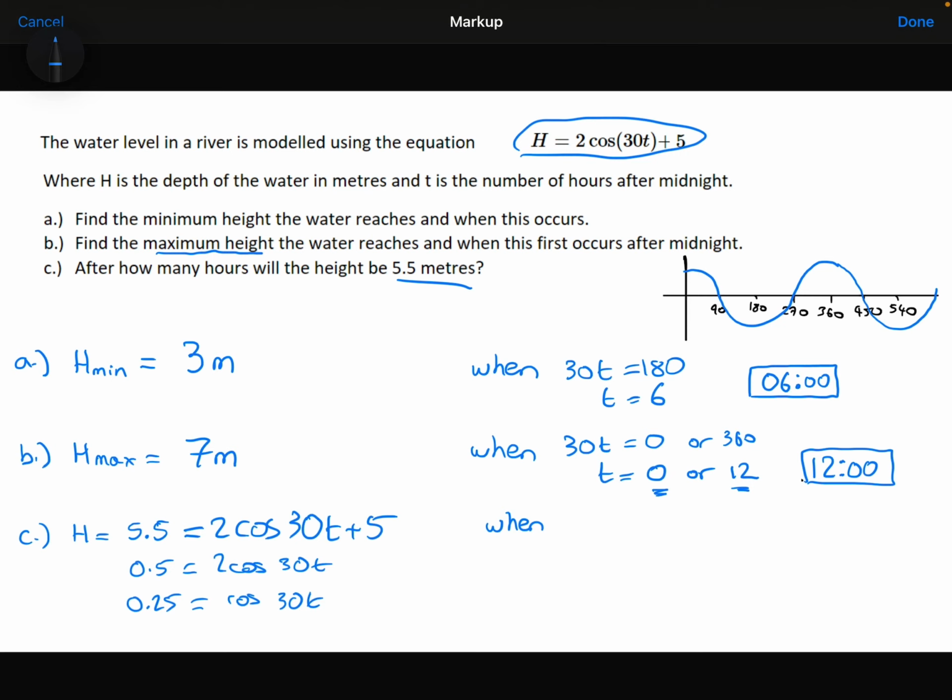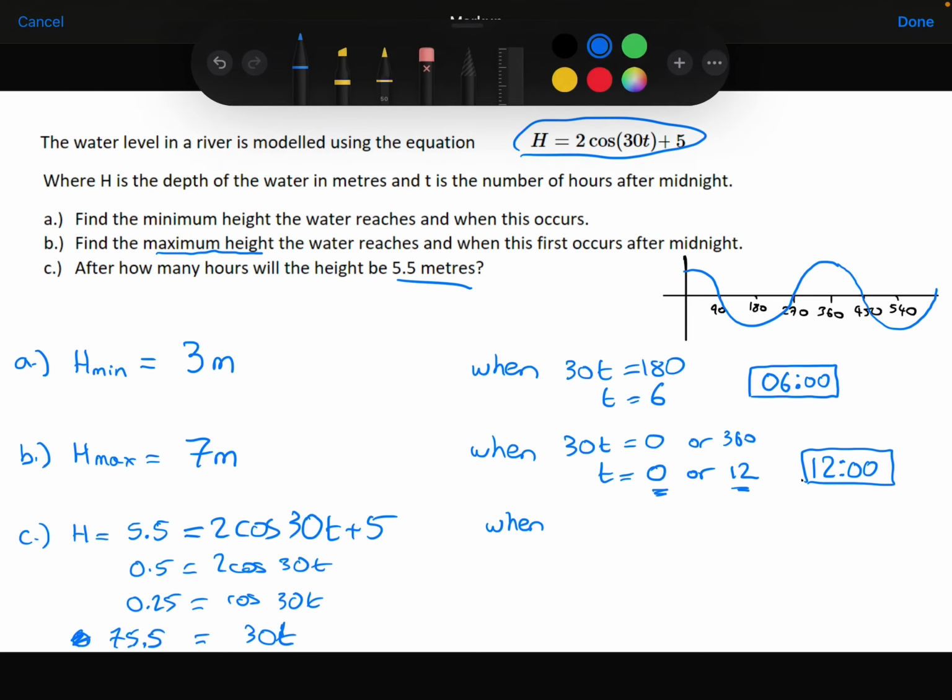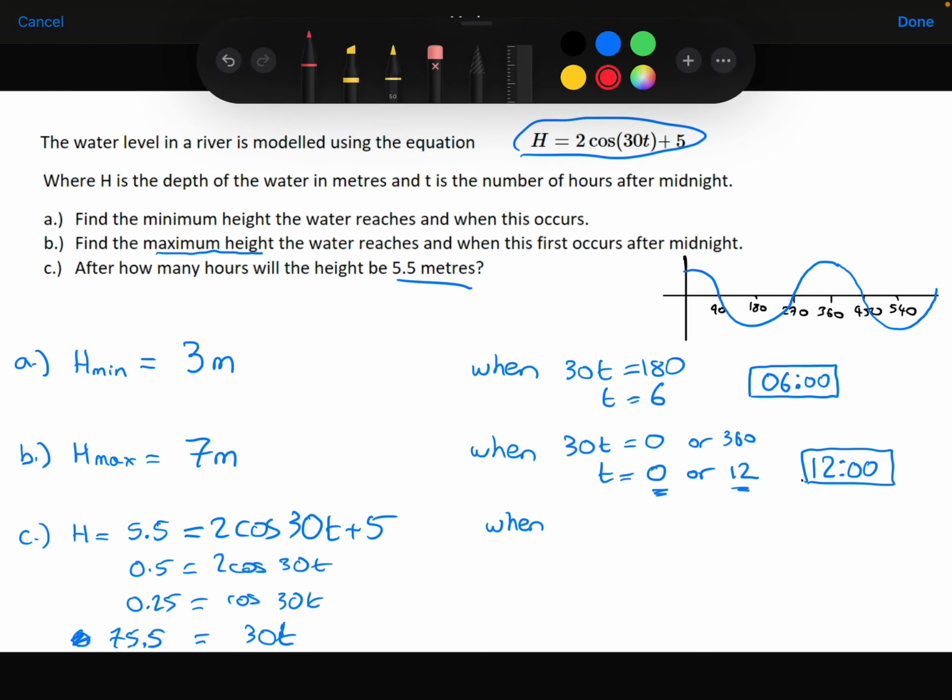So cos inverse of 0.25, and I'll get 75.5 as my first answer. Or, using the graph, I can get the next answer. So I had 75.5 from here. There'd be another answer at 360 minus 75.5, which would be at 284.5.